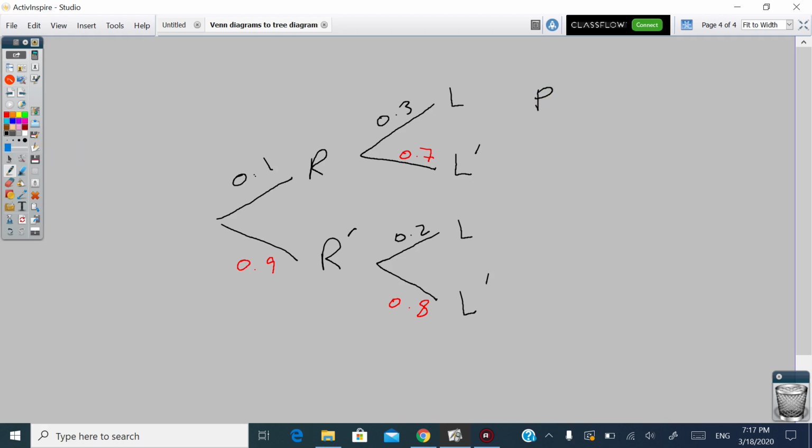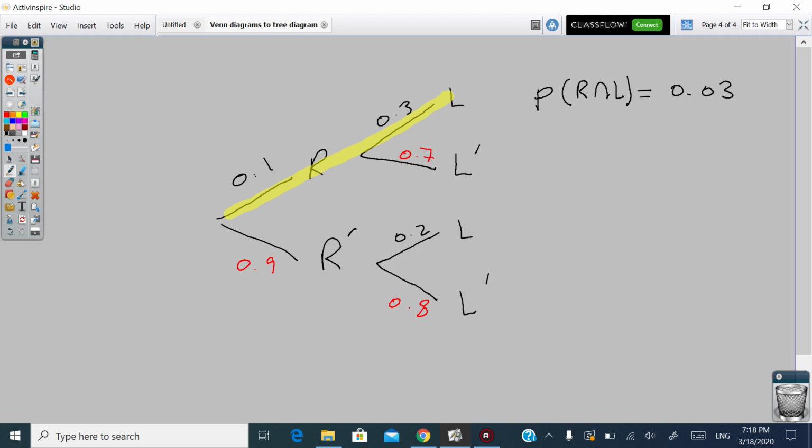And this is simply achieved by R intersection L, which is this route, raining and I will be late, and the product is 0.1 times 0.3, which is 0.03.